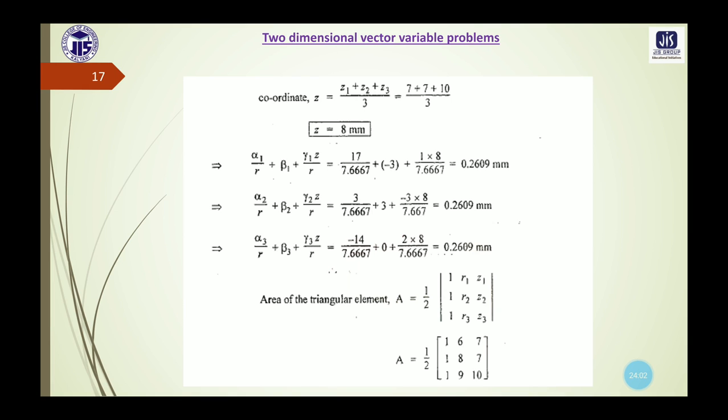Now, to calculate alpha 1 by R plus beta 1 plus gamma 1 Z by R, we need to put all the values of alpha 1, beta 1, gamma 1, R and Z, and finally we can calculate the value as 0.2609 millimeter.